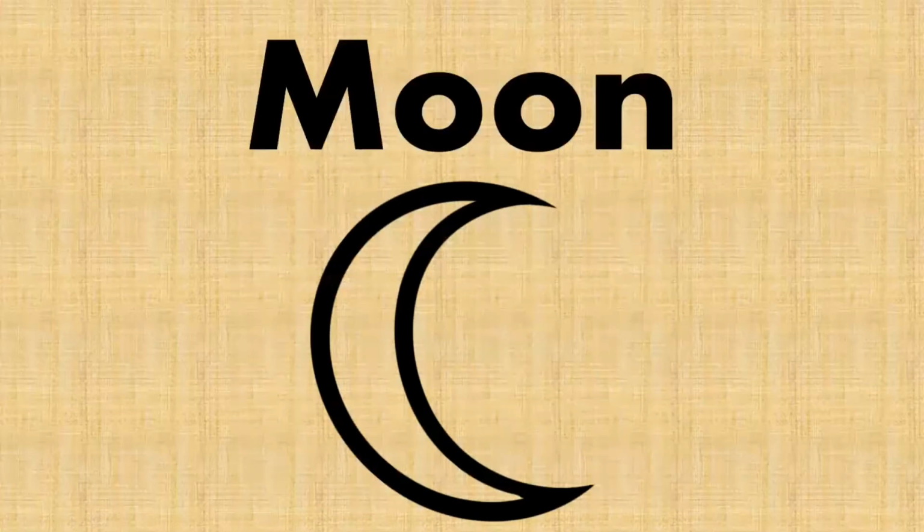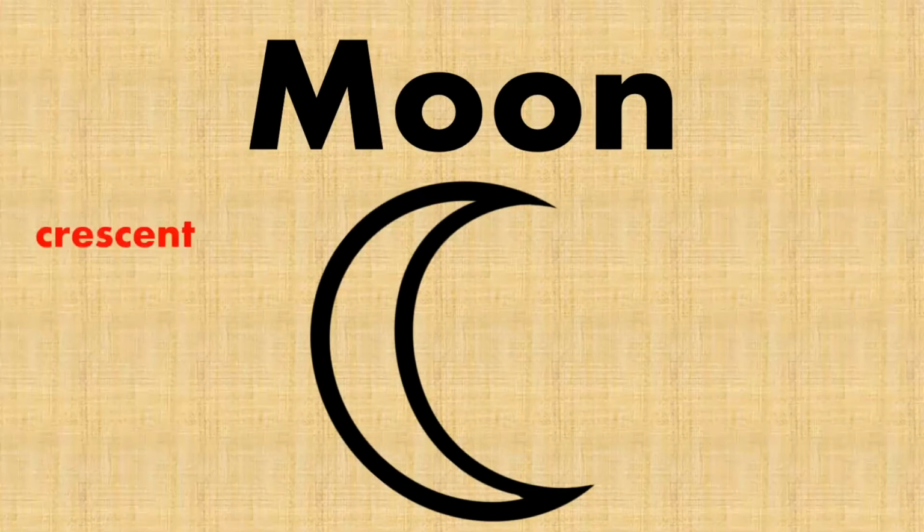Next one, it looks like a moon, right? This one is actually, they call it moon because it's the same as the size of the moon, right? It looks like a quarter of a moon, or we actually call it crescent moon. Crescent.